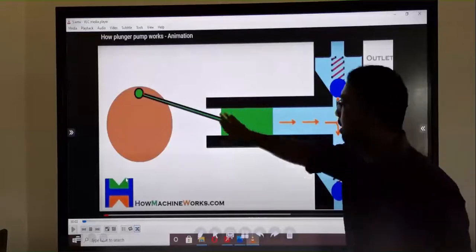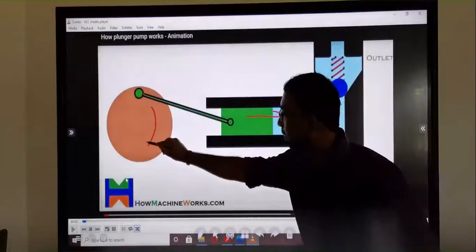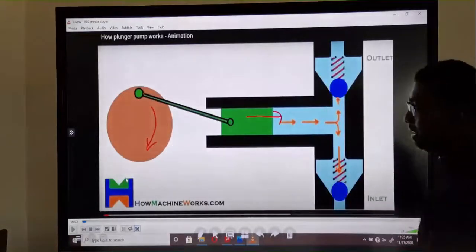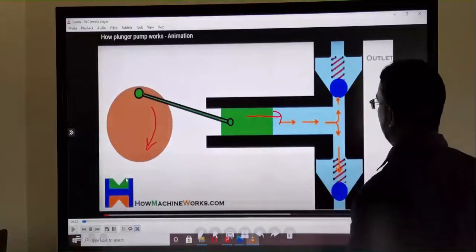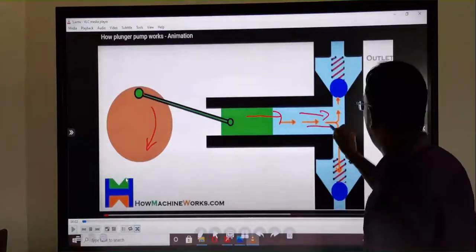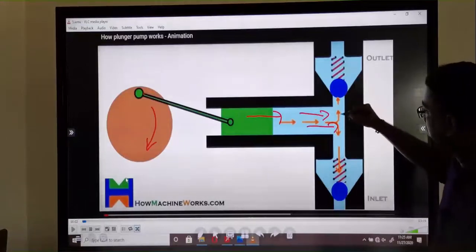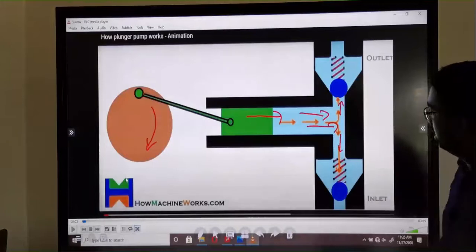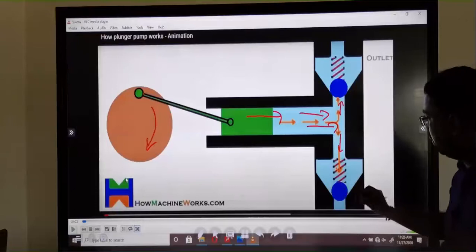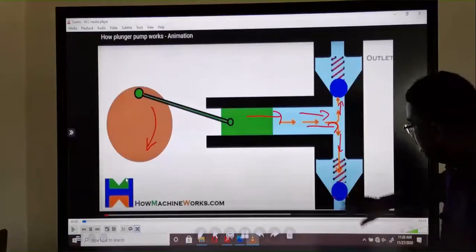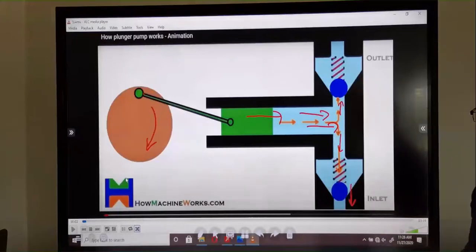What will happen if the wheel is rotated like this? The plunger is moving upwards and downwards. When upwards, a force or pressure is applied in this direction. This valve touches this area, so it cannot move this way.